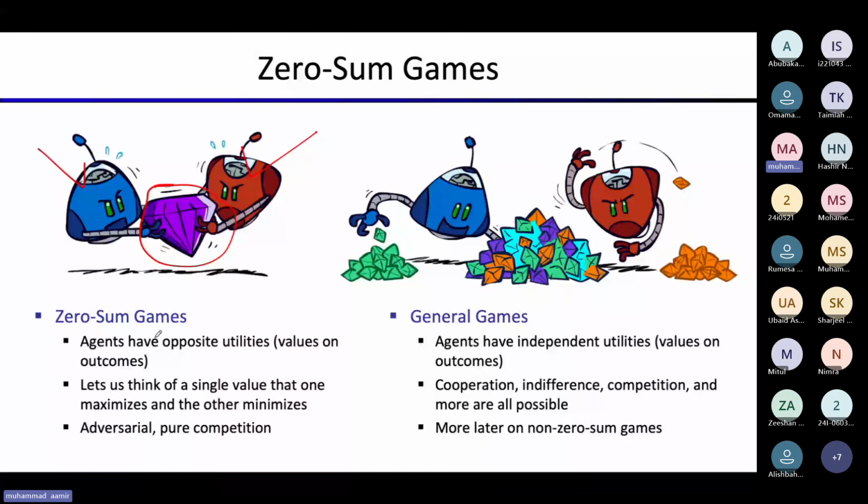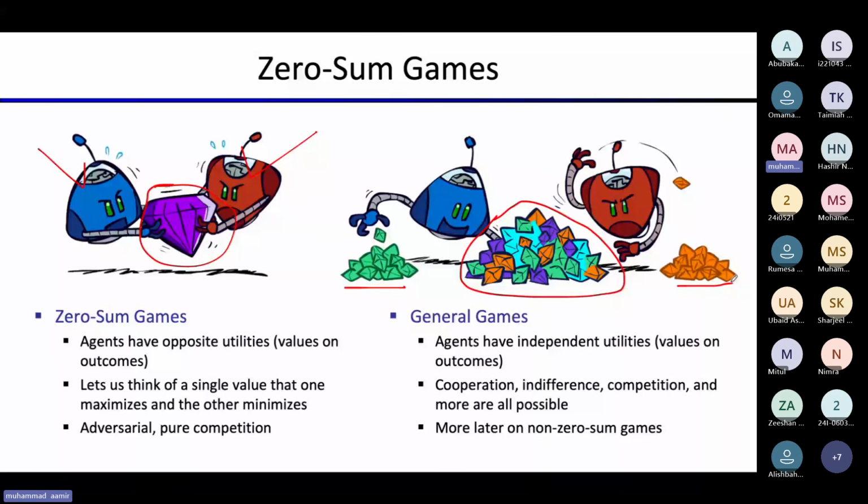And in the general games, agents have independent utilities. For example, out of these number of states, the search tree are the moves. The blue player is trying to collect the green diamonds, and the red player is trying to collect the orange diamonds. Both are trying to maximize the count of their own diamonds without affecting the other player.